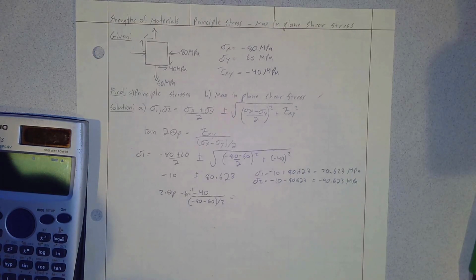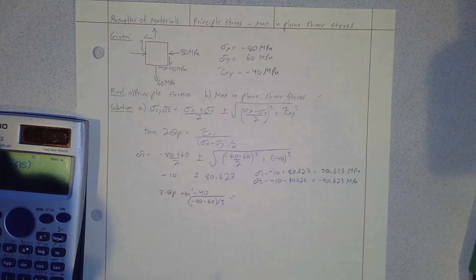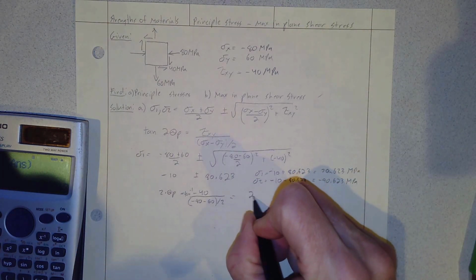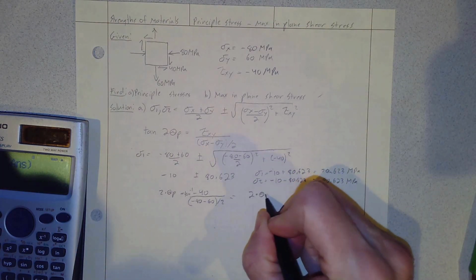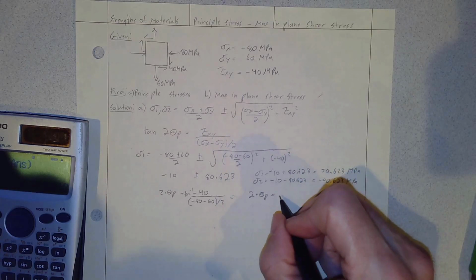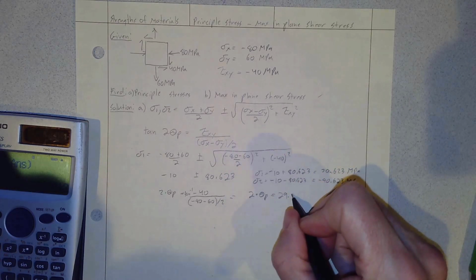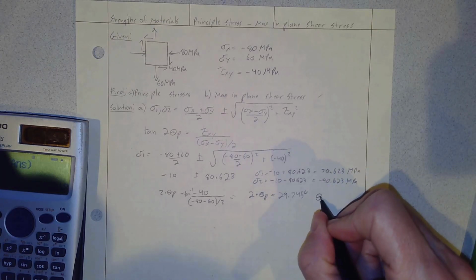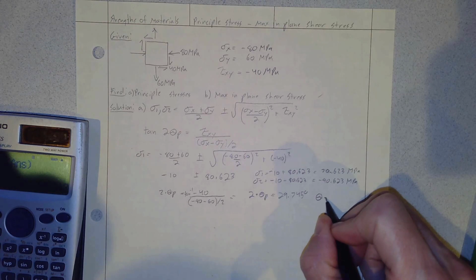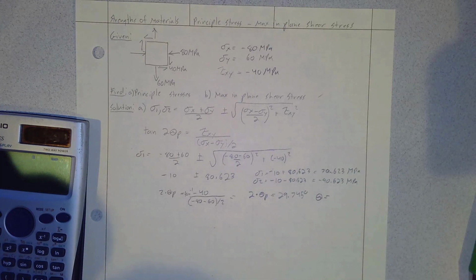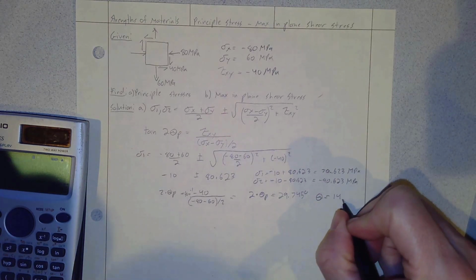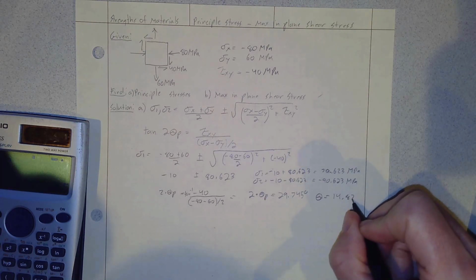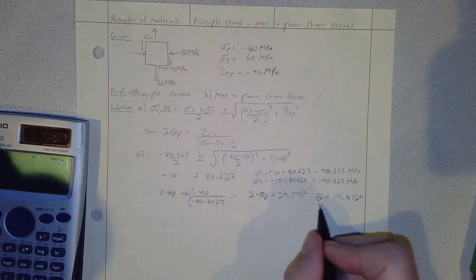Negative 40 divided by that, inverse tangent of that. So we get that 2 times the angle we need to rotate through is equal to 29.745 degrees. So the actual angle we rotate through would be half of that. So divided by 2 equals 14.872 degrees. And it's a positive number.